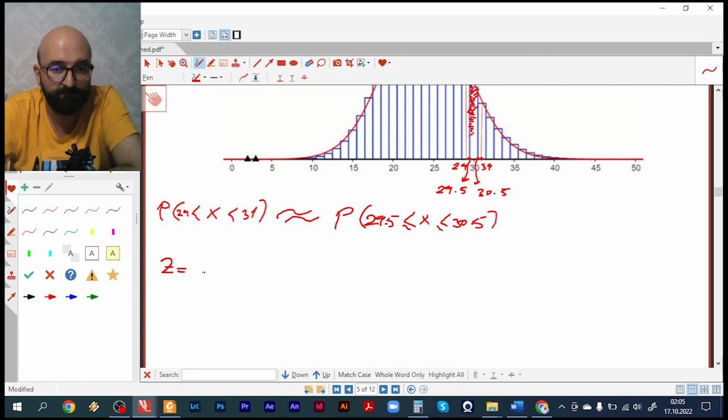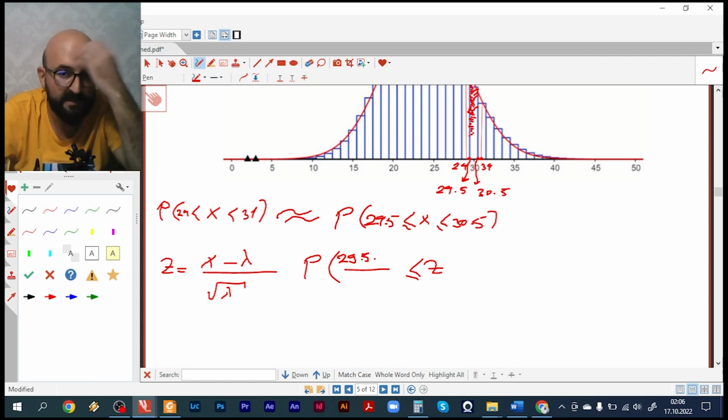Z value means x minus mu, and in the Poisson distribution mu means lambda, and the square root of lambda means the standard deviation. Because we should use the z table, we should find z values. We should compute that z is greater than or equal to 29.5 minus lambda over the square root of lambda.